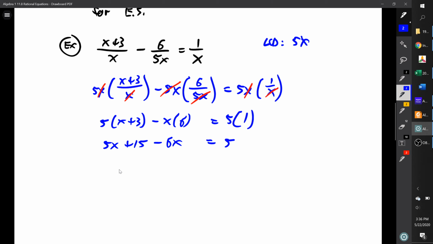All right, so on my left-hand side, I get negative x. And if I subtract 15 from both sides, 5 minus 15, I do something, hold on a second. 5x plus 15 minus 6x equals 5.